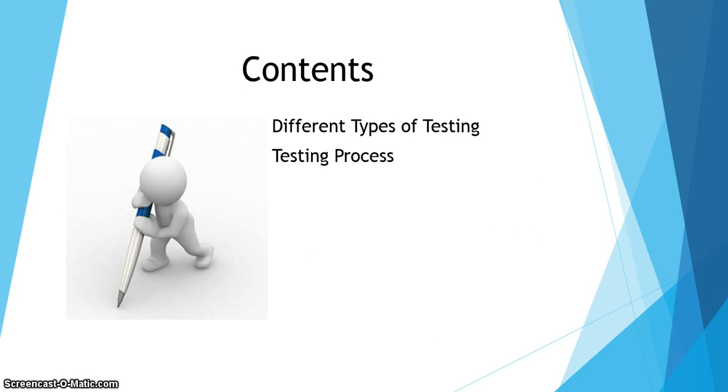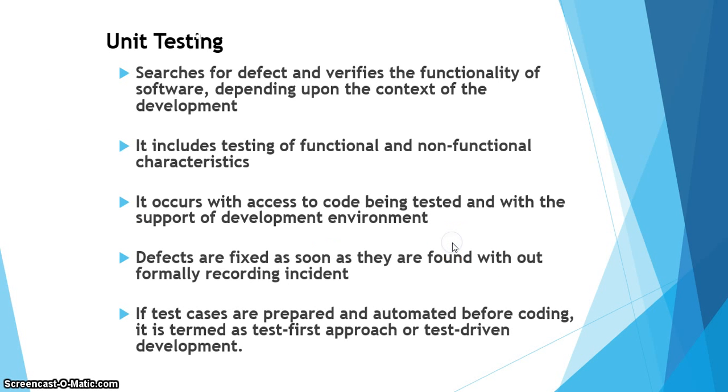So coming back, I will be covering the different types of testing and the testing process as well in this session. So we listed a lot of different types of testing in our previous sessions, the first one being unit testing. So in unit testing, we look at the individual unit component and you look at the code, right, and you analyze the defects and verify functionality at the unit level, that is at the code level.